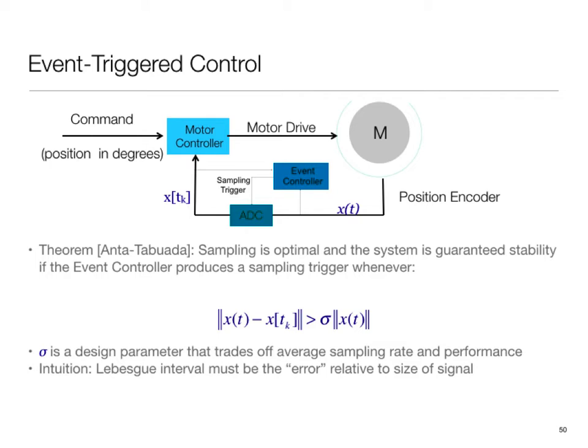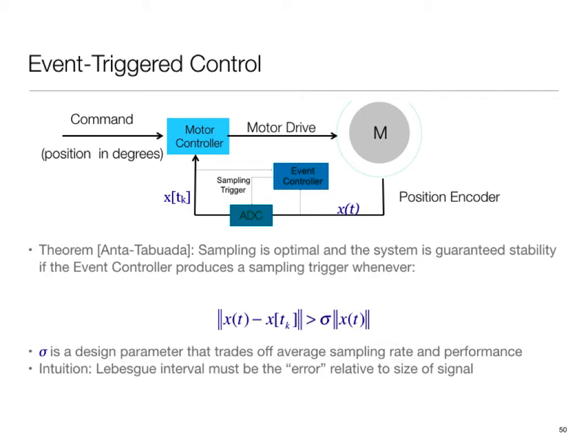But alternatively, you could just do an approximation of it. In effect, you are trying to predict, based upon what I have seen thus far, at what value of t this condition would get violated, and then do it entirely on the digital side. So this version where you do it in the analog is called event-triggered control.